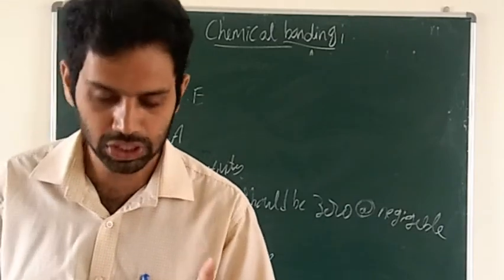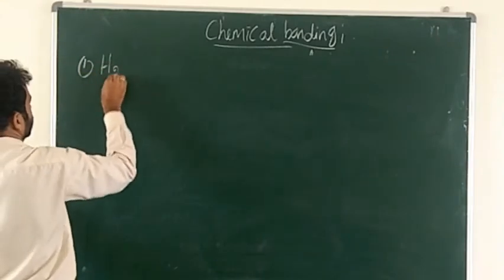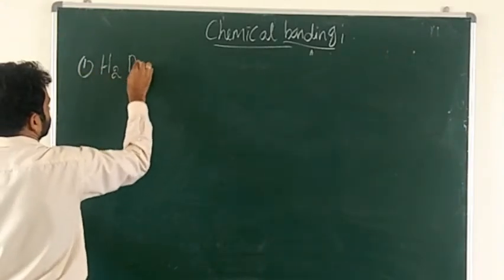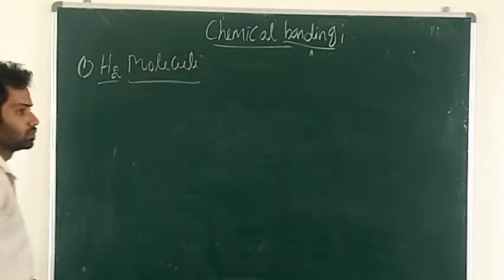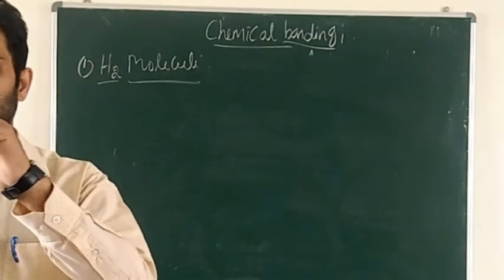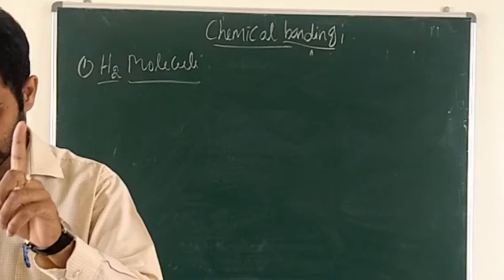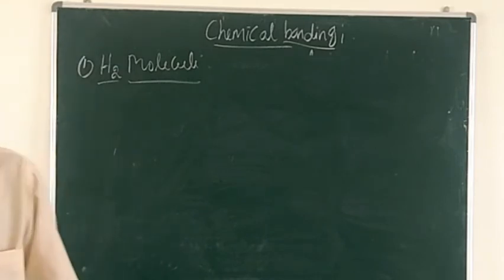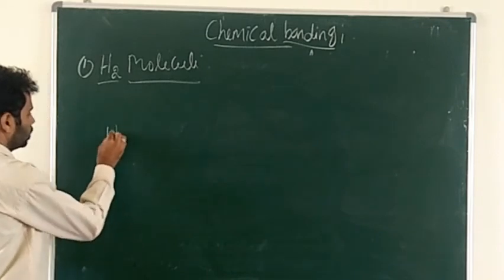For example, first structure I will write: hydrogen molecule. It has only one electron, its atomic number is also 1. Then how to write the structure of hydrogen molecule? Look at the bond now.